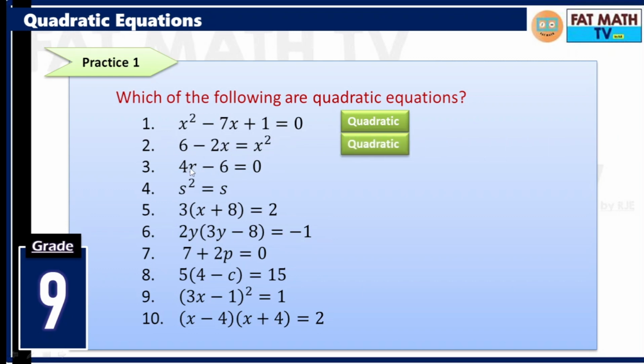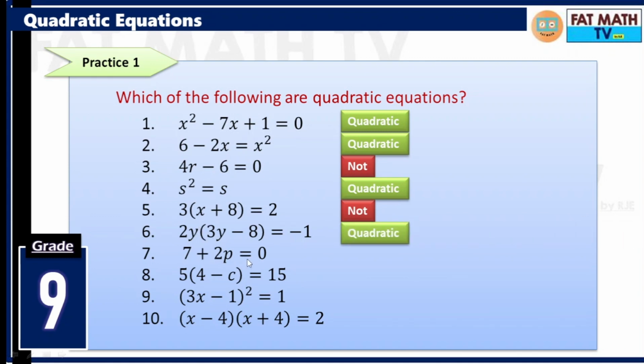This is just of degree 1, so that's a linear equation. This one is of degree 2, so that is a quadratic equation. This one is not simplified yet. You can expand this and simplify, but still you will have degree 1, so that is not a quadratic equation. If you expand and simplify this, you will have a 6y squared, so that is a quadratic equation.